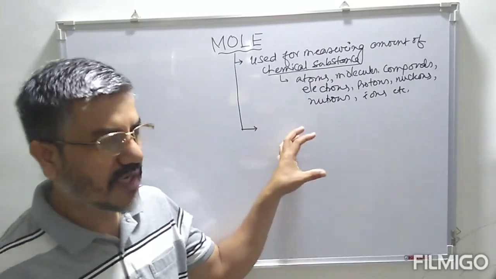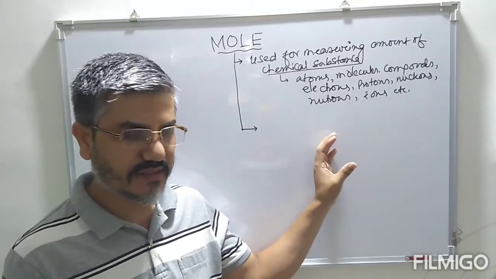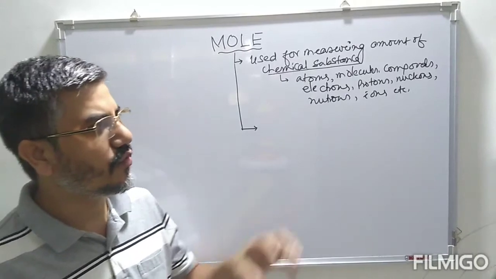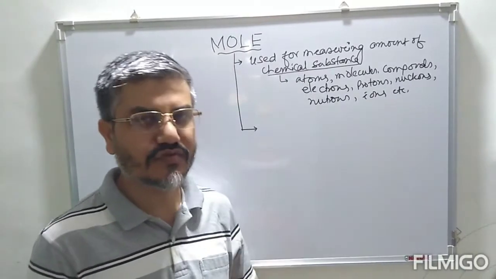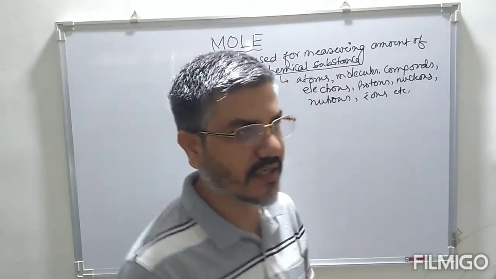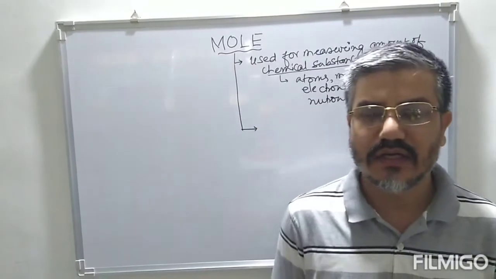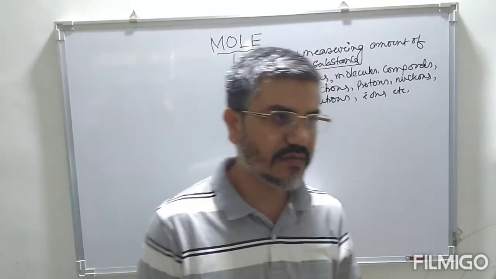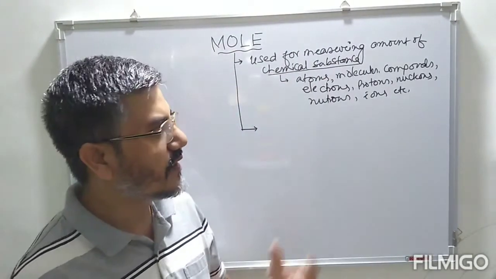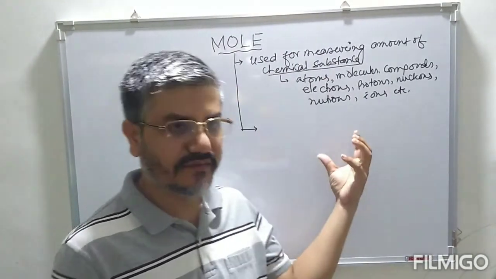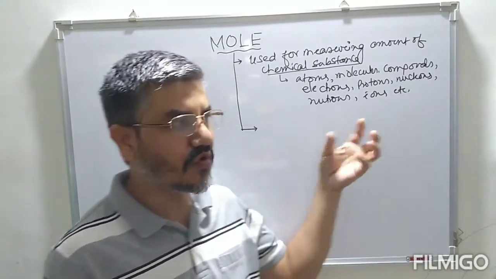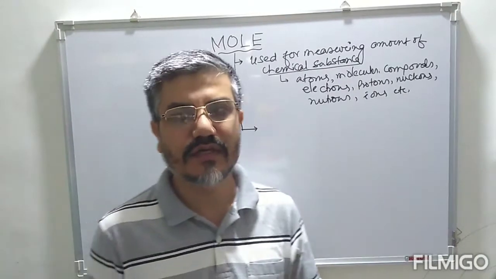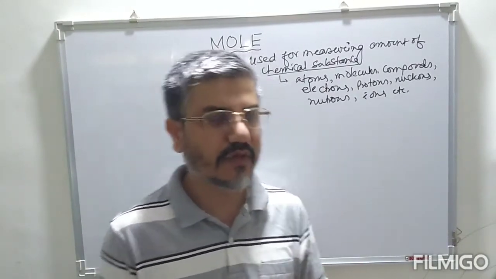When we measure mass of a substance on the carbon scale, we take the help of the most stable isotope of carbon, that is carbon 12. While discussing different scales used in atomic mass measurement, we learned that the most standard reference uses carbon 12, the most stable isotope of carbon.